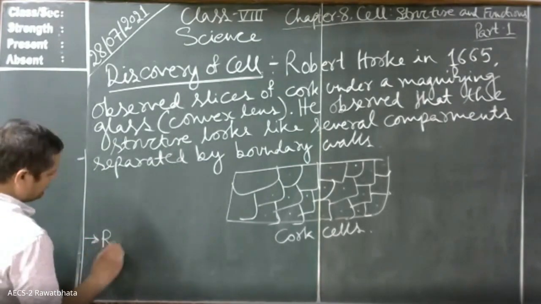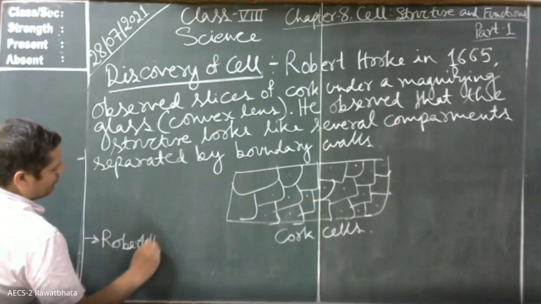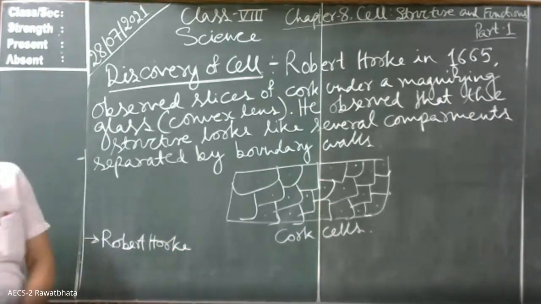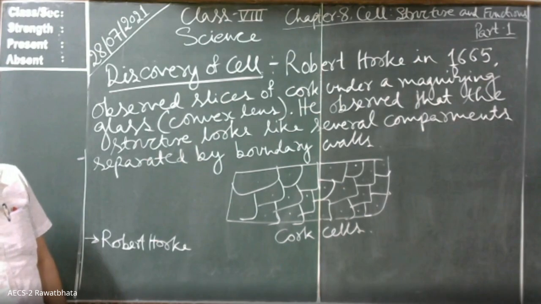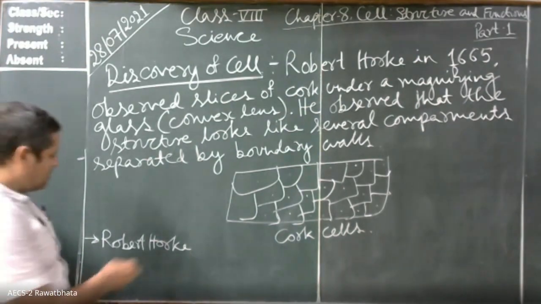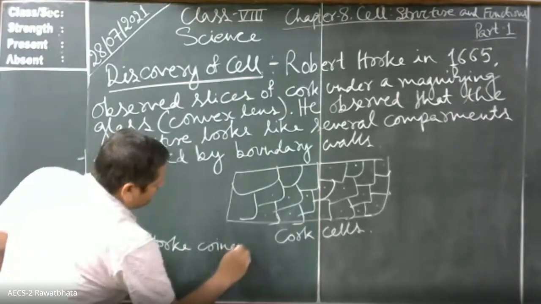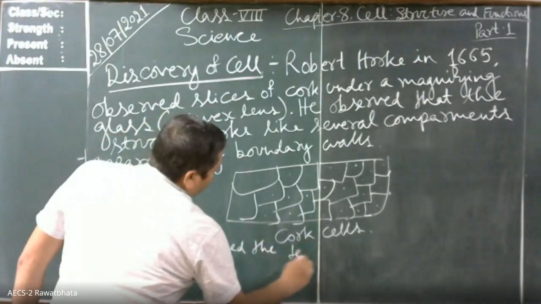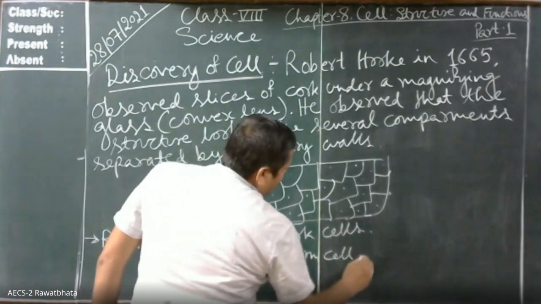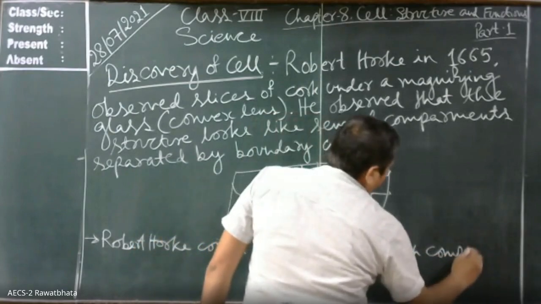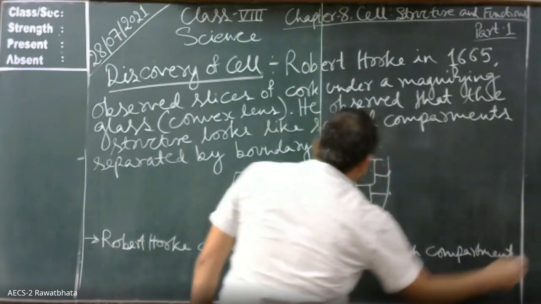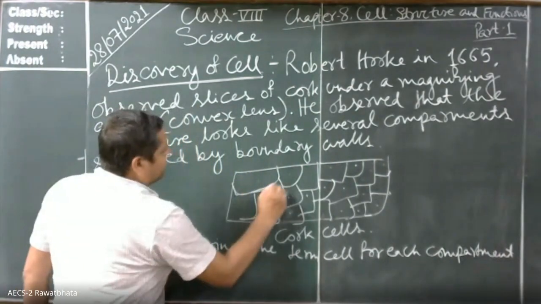Robert Hooke coined the term cell for each compartment. जैसे ये कंपार्टमेंट है ना, इसको उसने एक सेल का नाम दिया.